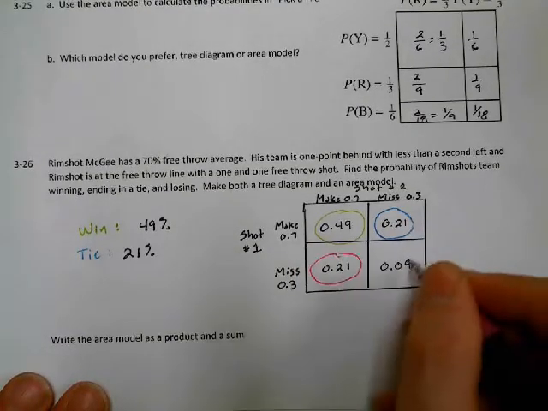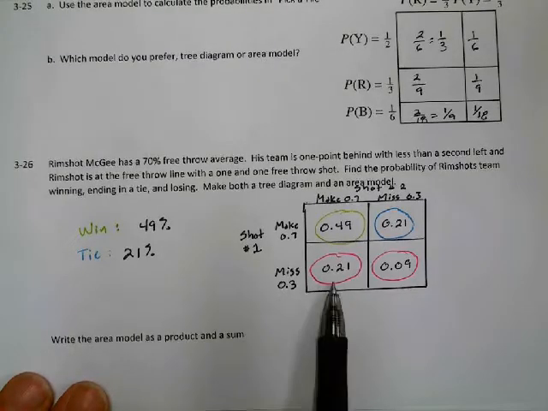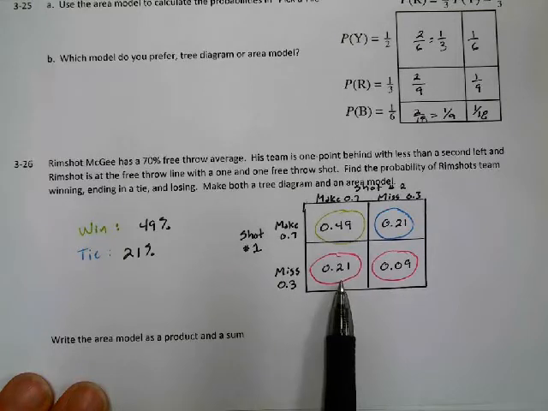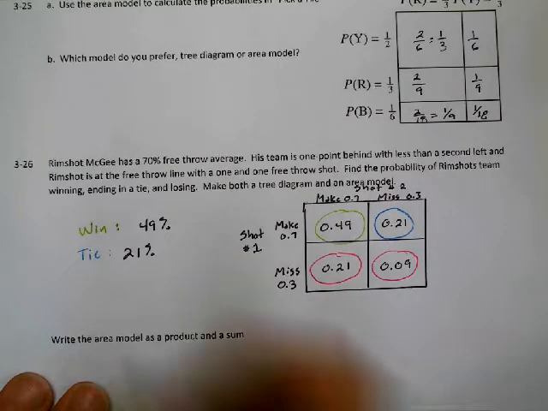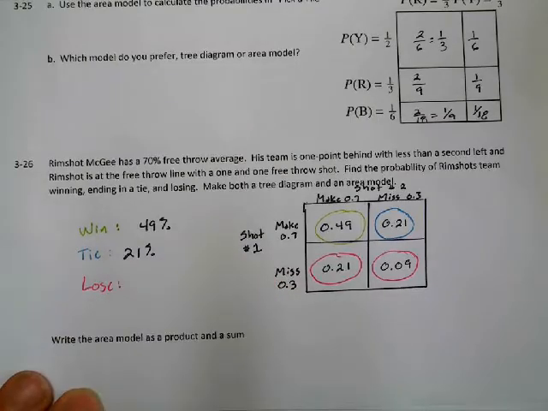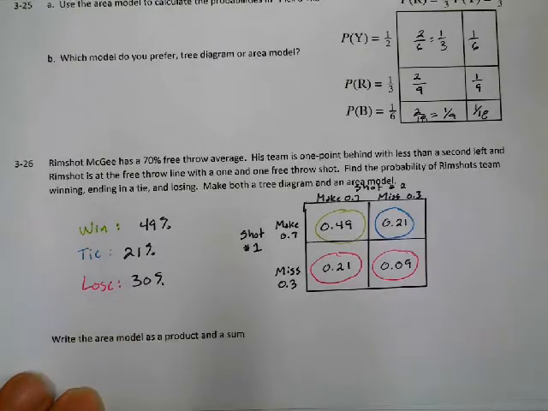So shot one, miss, would be both of these two situations because he doesn't get a second shot in this situation. So missing is 30%. So if we lose the game, there is going to be a 30% chance of losing the game. So sometimes you have to think through your probabilities and not just blindly read the chart.